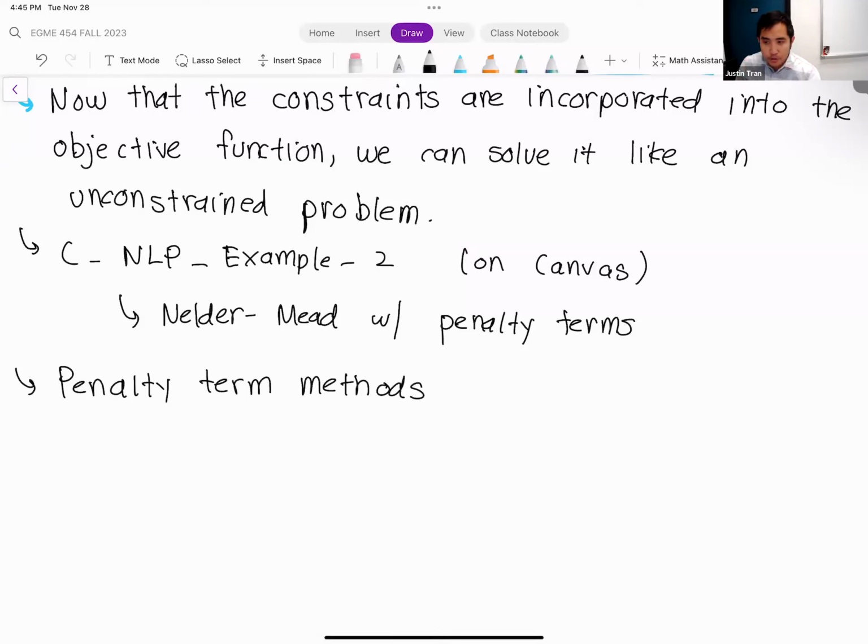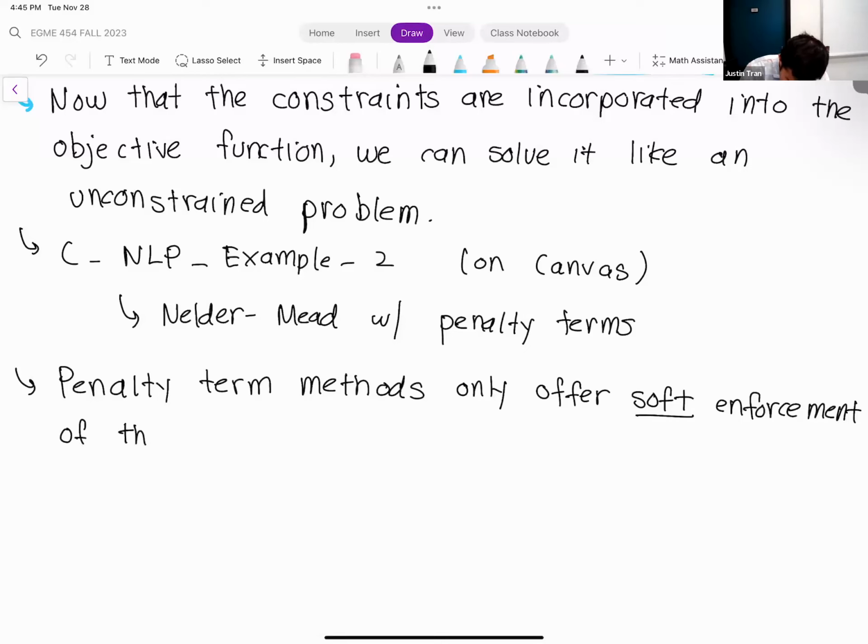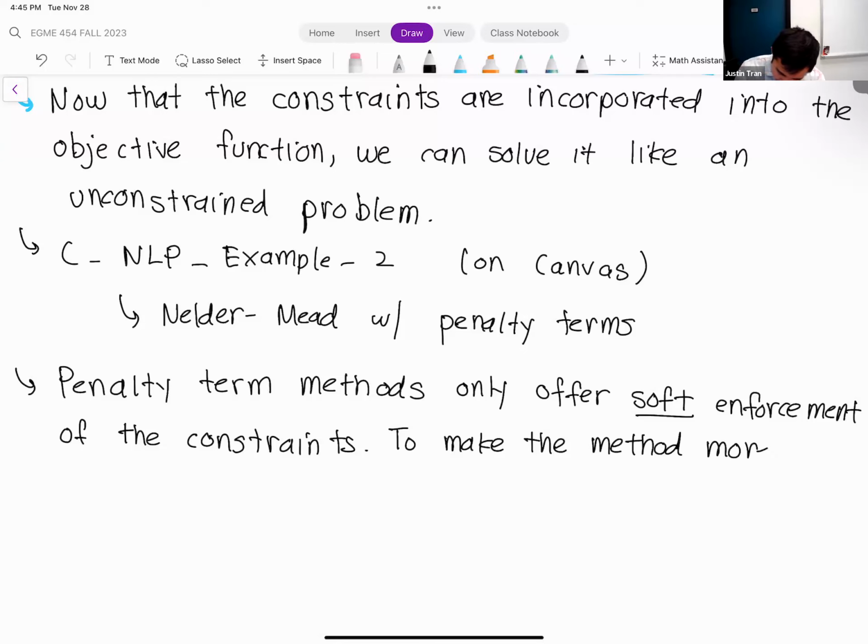Penalty term methods only offer soft enforcement of the constraints. And so to make the method more strict in enforcing the constraints, you can increase the value of the penalty parameters A and B.